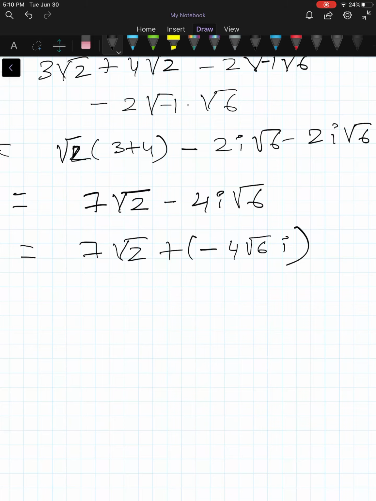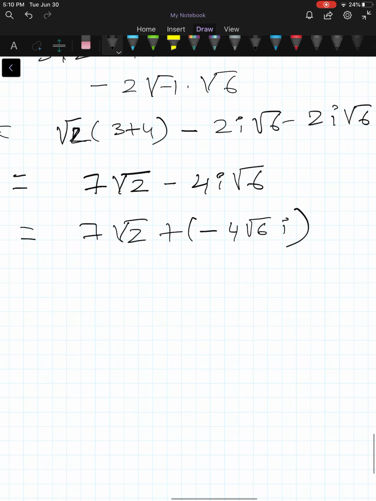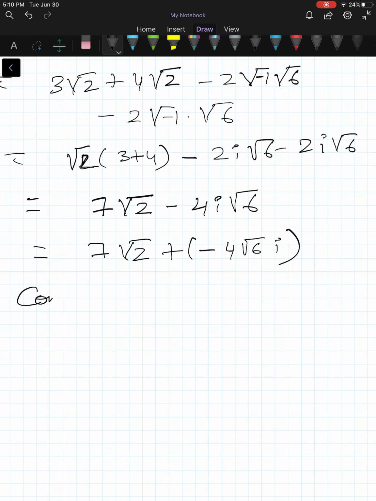That is, there may be certain coefficients where we cannot express the middle term as a sum or difference of factors of the last term. In such a case, we have a formula to solve the quadratic expression. So we will learn that now.